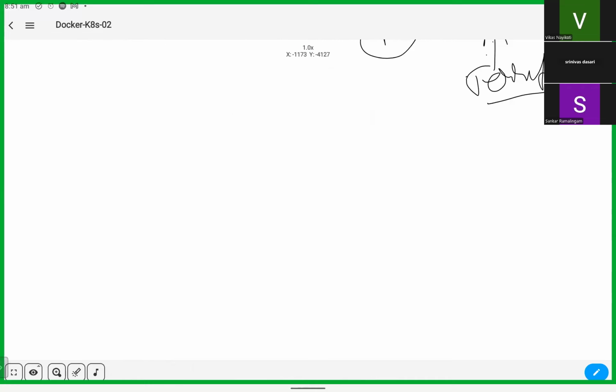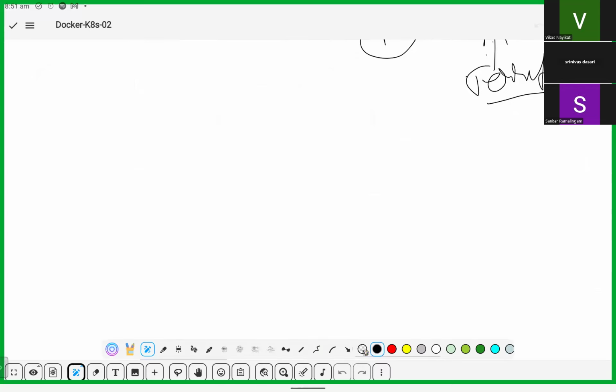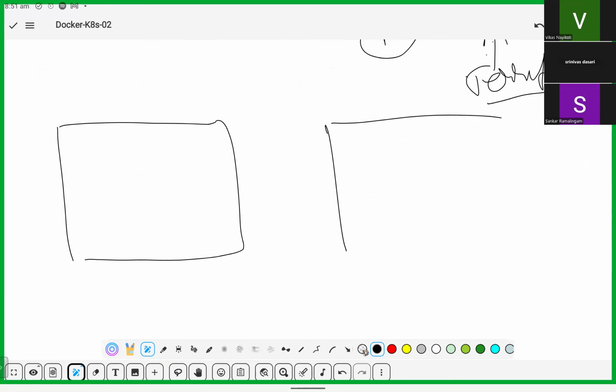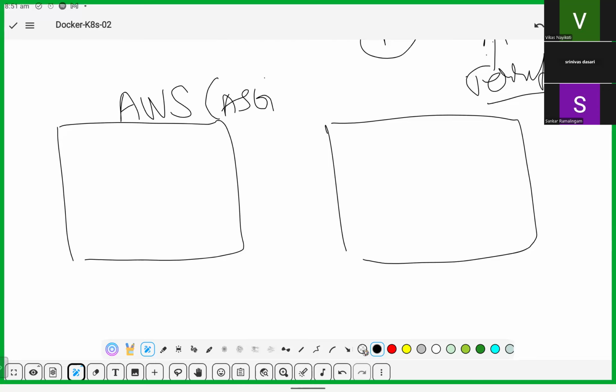When we talk about container orchestration, I'll draw the same picture once again here. This is AWS, which is managing the autoscaling group. So think about only the autoscaling group. And here it is Kubernetes, which is managing the whole container orchestration. Here it is EC2. The autoscaling group is the one which is managing everything.